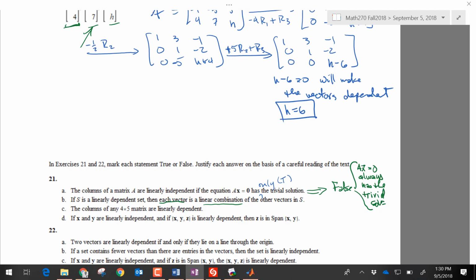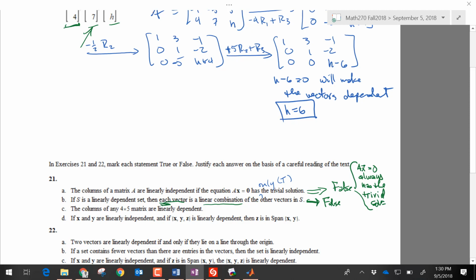Yeah. So that would be an example where it wouldn't work. At least one doesn't mean each vector.